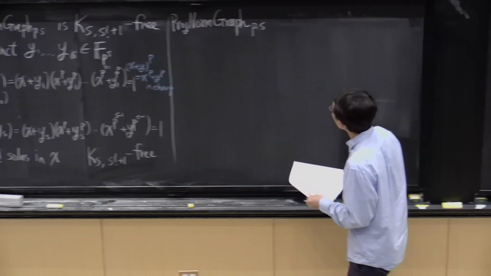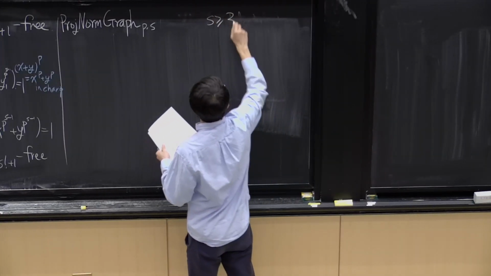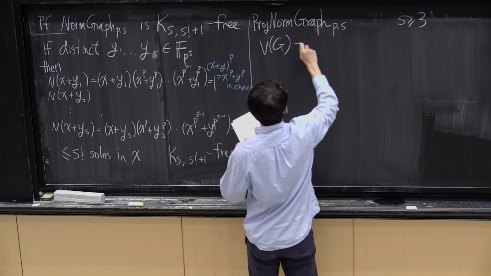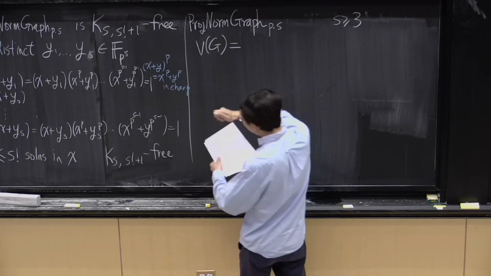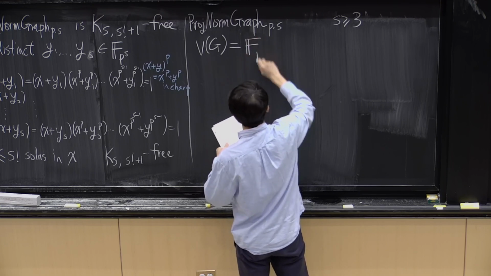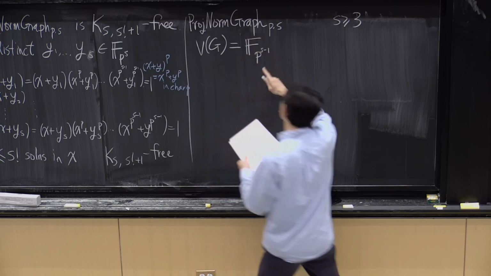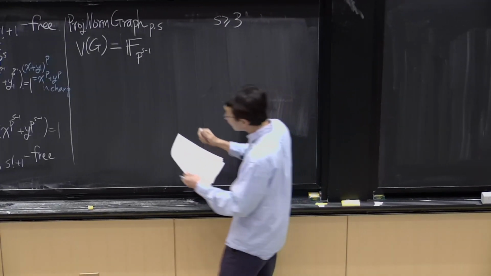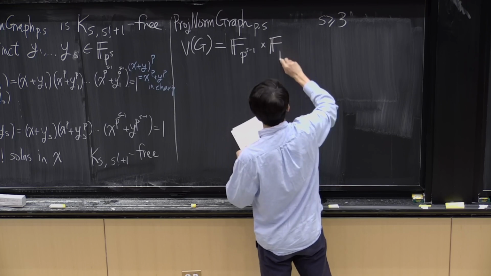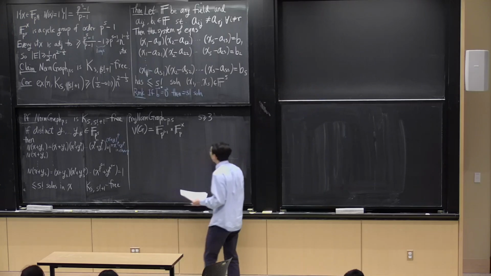The projective norm graph, we'll define it for s at least 3, is rather similar, but there's a twist. I have as the vertex set not just the field extension. Now I take the field extension, but one level less, and I take a second coordinate, which consists of non-zero elements from F_p.